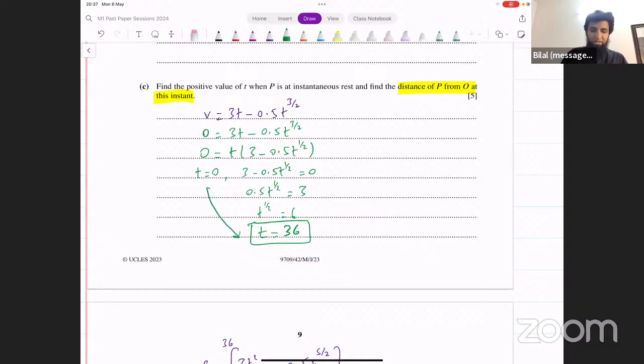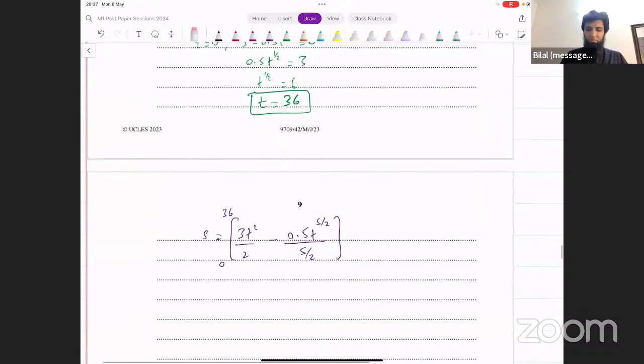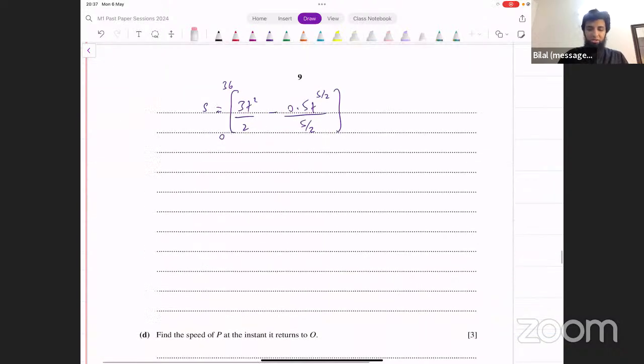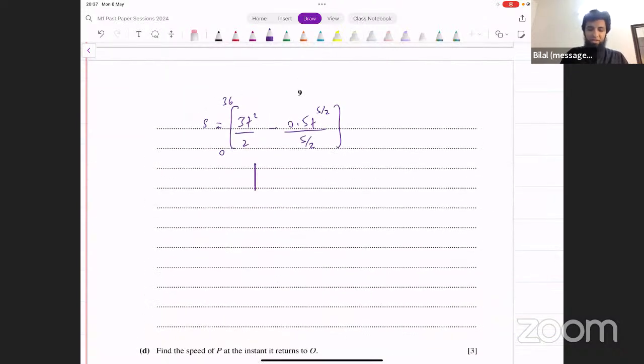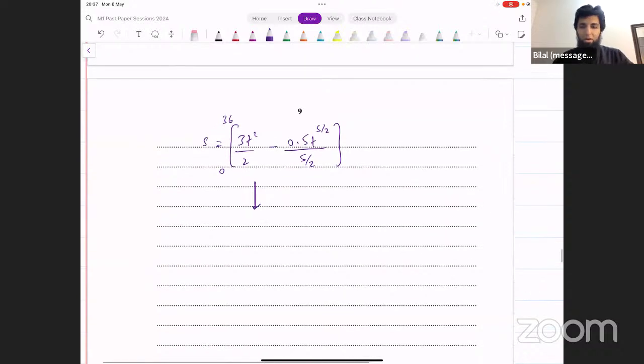So between 0 and 36, there is no change in direction. So distance traveled and displacement mean the same thing because the direction is not changing. So you don't have to worry about breaking the journey in this case anyway. Okay. So I hope that makes sense. You can do that. All right.